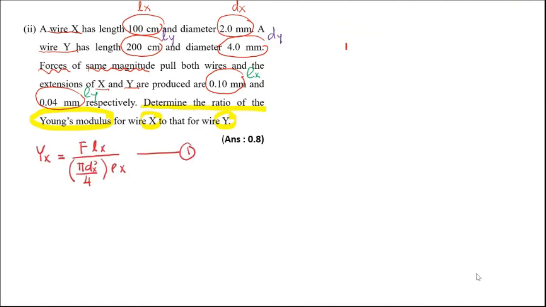So let's say for wire X, this one is the Young modulus for wire X. So I have Young modulus of wire X is equal to F Lx divided by pi dx square over 4, where this pi dx square over 4 is the cross-sectional area, because the cross-sectional area is equal to pi r square according to the formula.